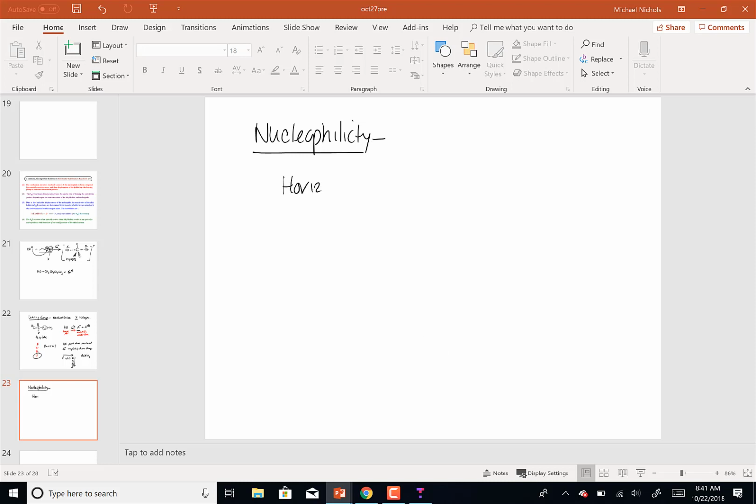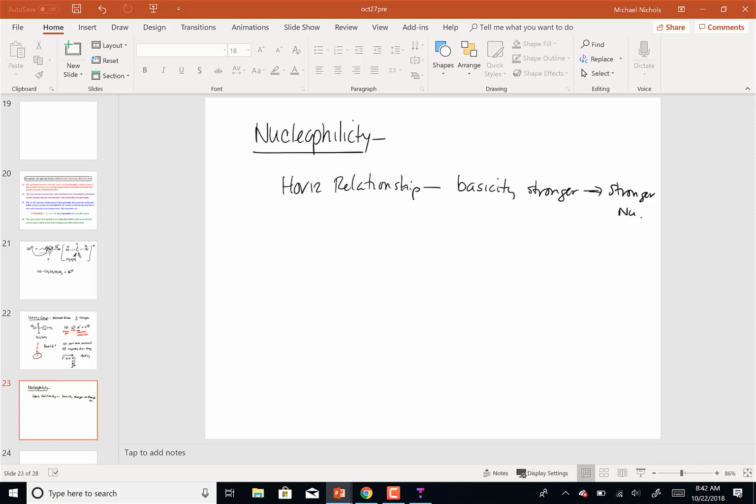For a horizontal relationship on the periodic table, you end up with it being related to basicity, and the stronger the base, the stronger the nucleophile. So when you're looking at a horizontal relationship on the periodic table, it means that it's a direct relationship. The stronger the base, the stronger the nucleophile.